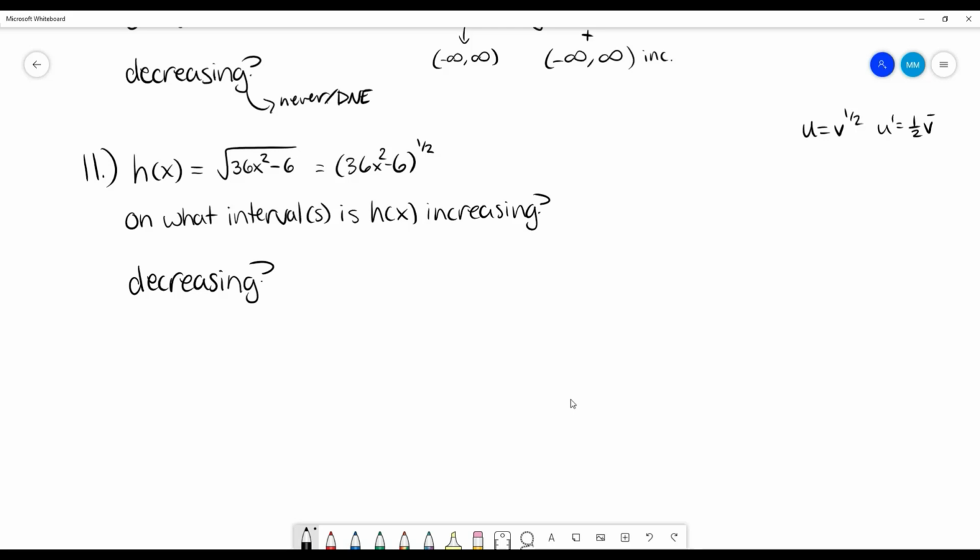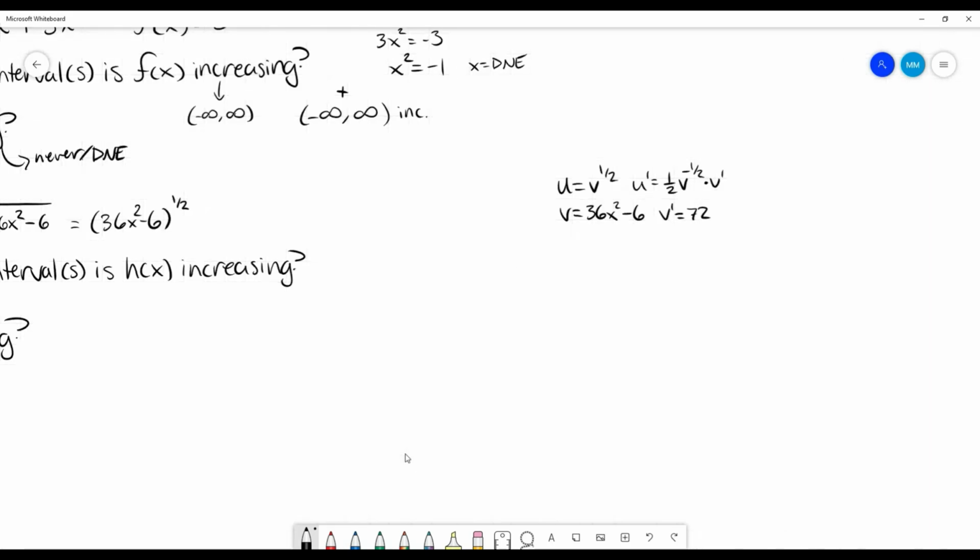So let me go ahead and get that settled. Our inside is this. Derivative of our inside is that, which gets us, so it's going to be 72 over 2 times, okay, which is then 36 over 6x minus 6.